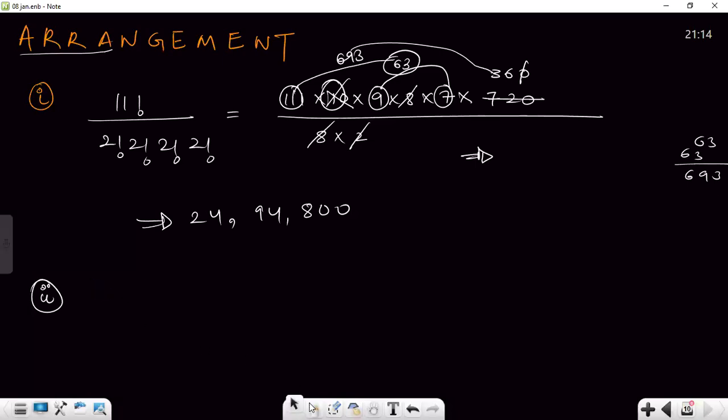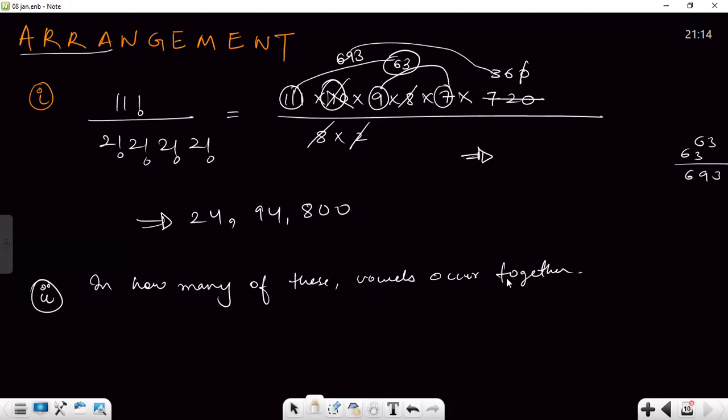In how many of these do vowels occur together. Okay. How many vowels are there? A, A, E, E. Okay.